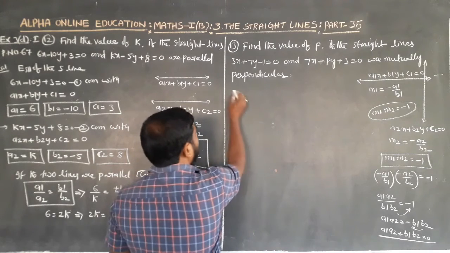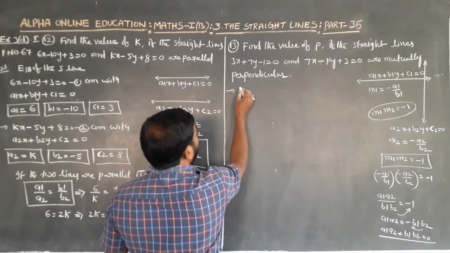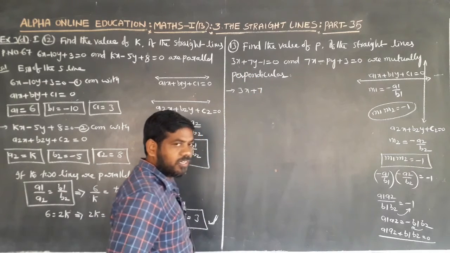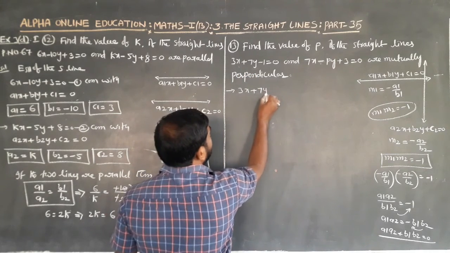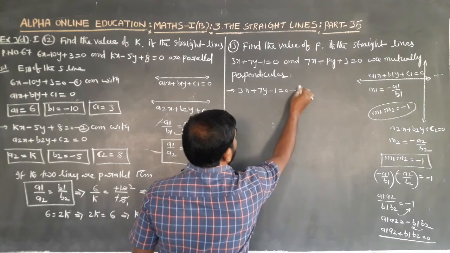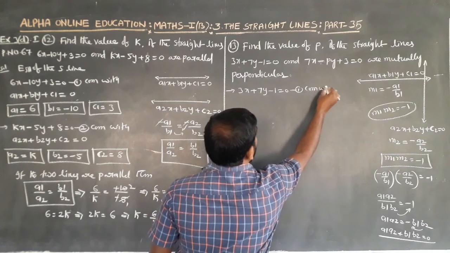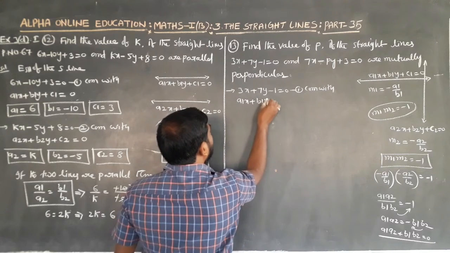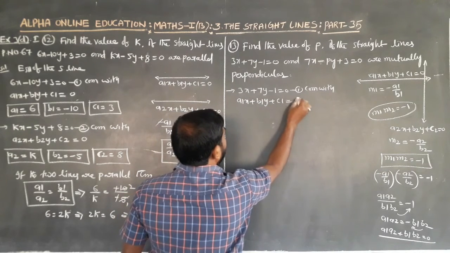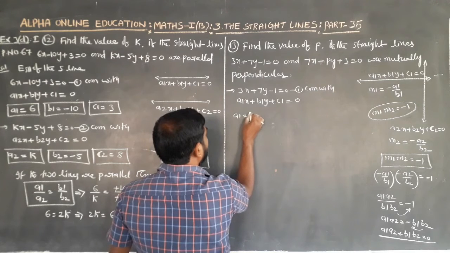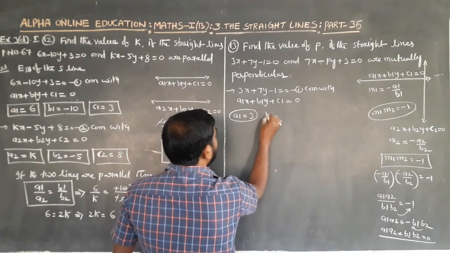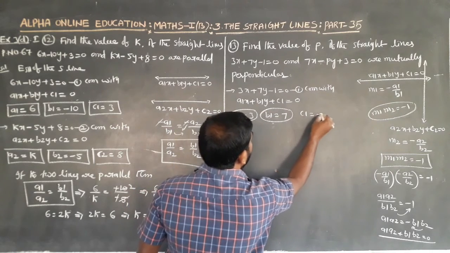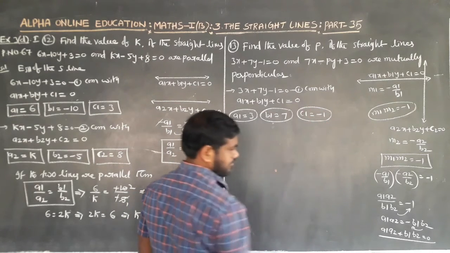So first of all, given equations comparing with the first equation. The equation of the first line is 3x plus 7y minus 1 is equal to 0. Comparing with the first line, a1x plus b1y plus c1 is equal to 0, a1 is equal to 3, b1 is equal to 7, c1 is equal to minus 1.